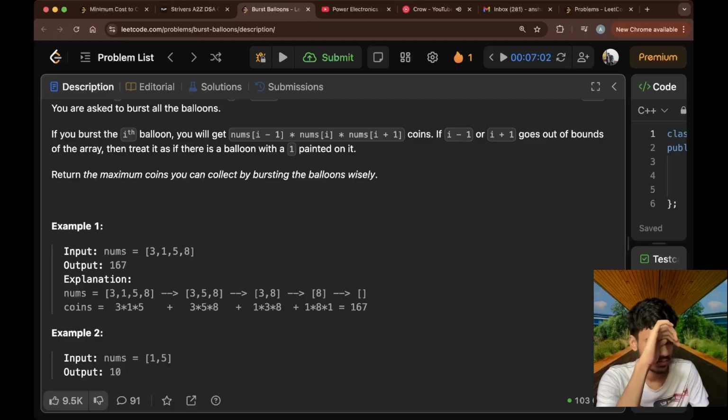Burst at 8 5. There is a 1 which is hidden.